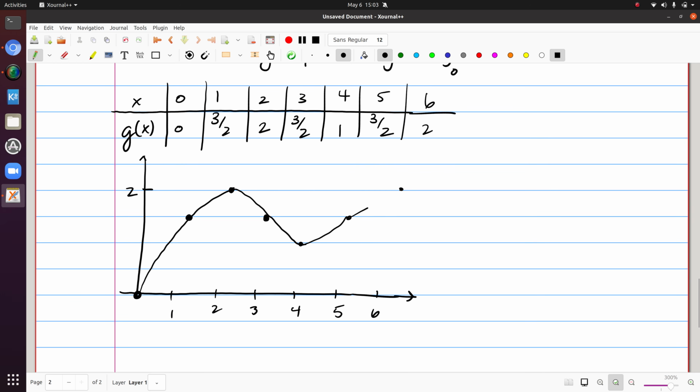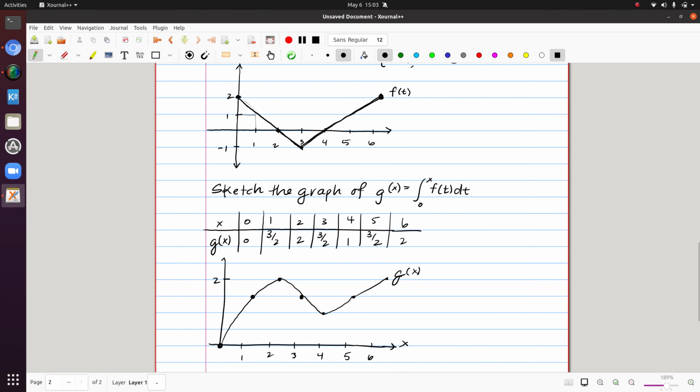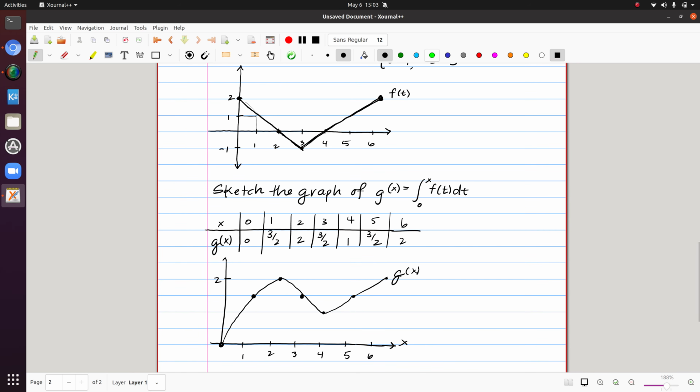What I'd like to point out, though, is the connection between this graph and the one I've sketched above. In particular, we saw that between 2 and 4, f of t was negative. And notice that between 2 and 4 here, the g of x function was decreasing.